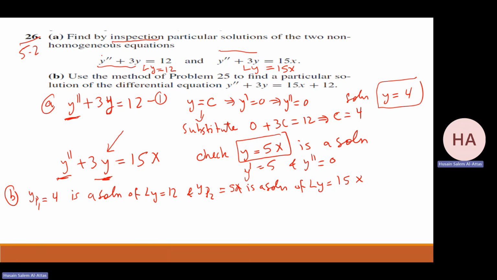Notice I have the same L, the same differential equation, the same left-hand side.